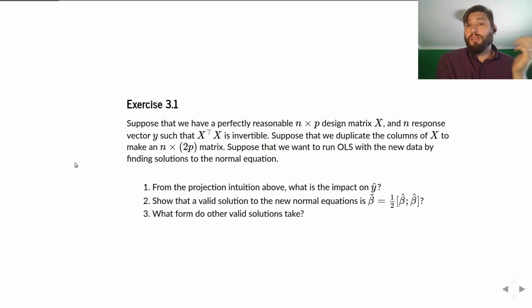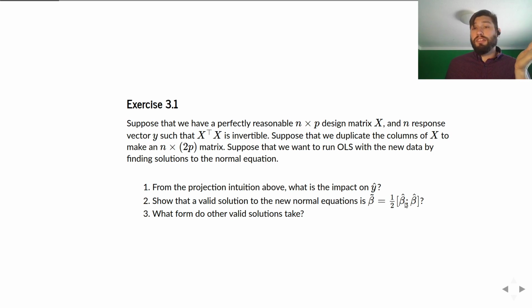Beta tilde is supposed to be a 2p vector, so there have to be two copies of beta hat, because beta hat is a p vector. When I use this semicolon, I mean that they're stacked on top of each other.